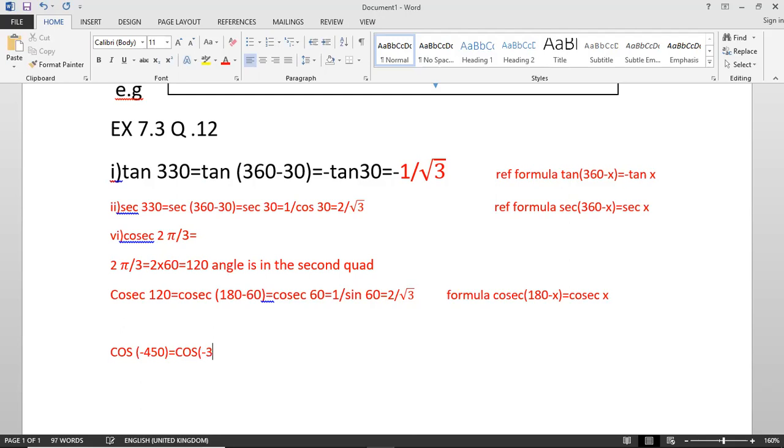So if I write it as minus 360 minus 90, we can understand that any angle written in terms of 360 degrees keeps it at the zero position, either negative 360 or positive 360.